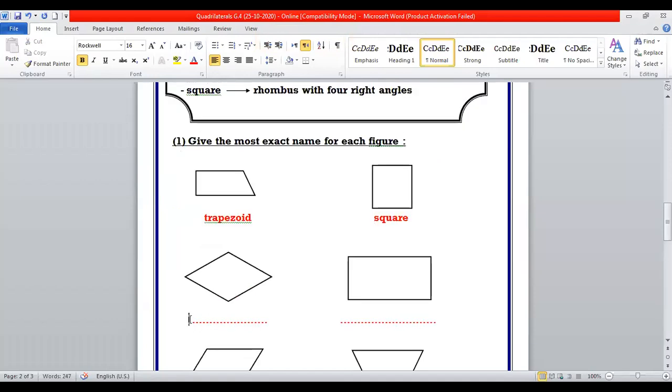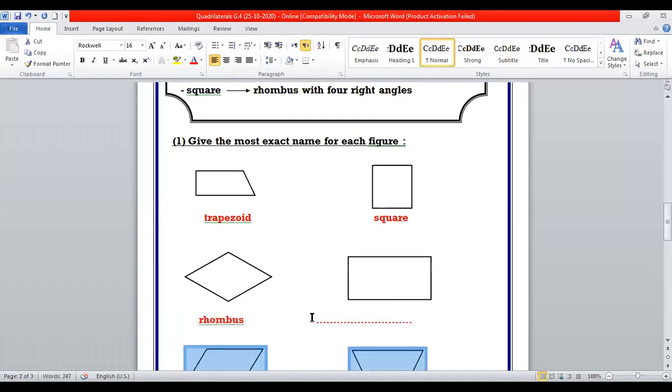The third, what is the name of the third quadrilateral? Yes, Hamza. What is the name of this quadrilateral? Rhombus. Good. Rhombus.